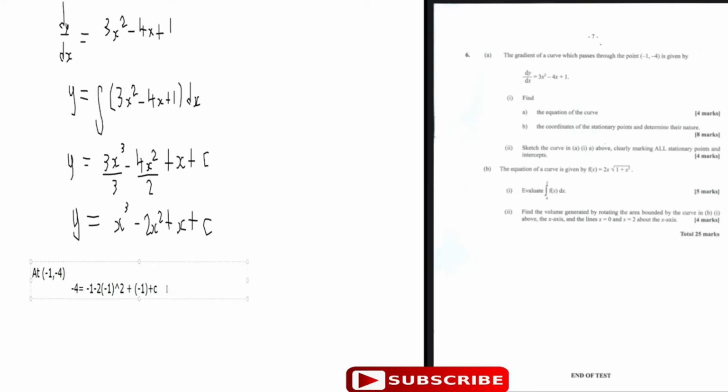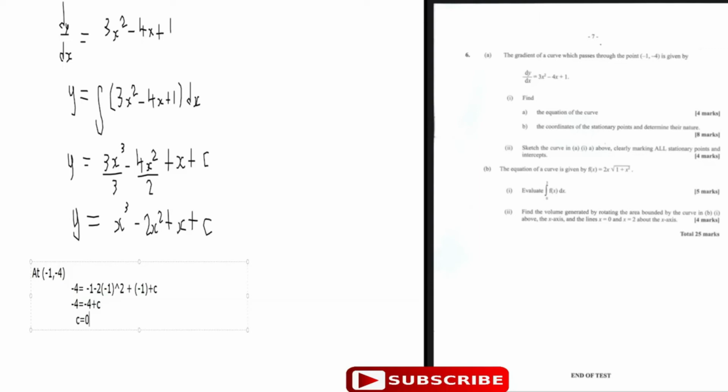All right, so solving for c, we're going to see that -4 is equal to, put in the -1, we get -1 minus 2 times -1 squared plus -1, that is negative 4. So -4 is equal to negative 4 plus c, and so the constant is 0.